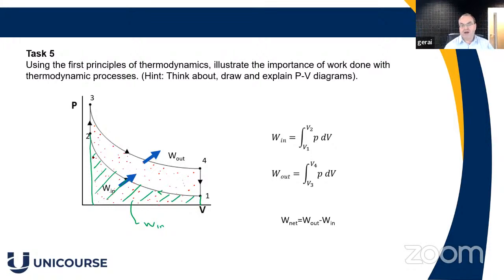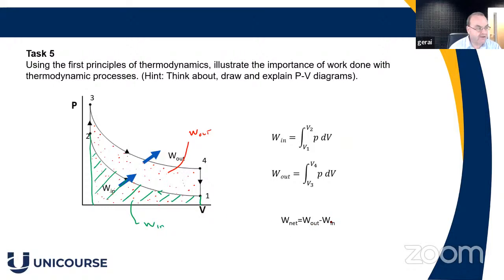So the net work out is going to be, this red is work out, that area. So the net work, that means the useful work you're going to get out of that system, is simply the work out minus the work in.